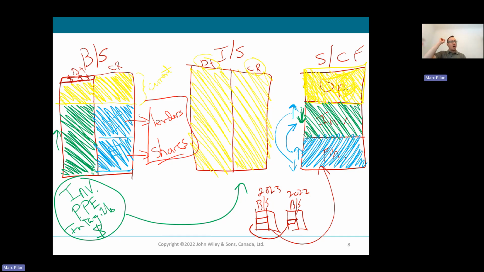Really similar. But for financial reporting purposes, interest we consider part of an expense in the income statement, whereas dividends, we say, are not part of the income statement. They're part of retained earnings.